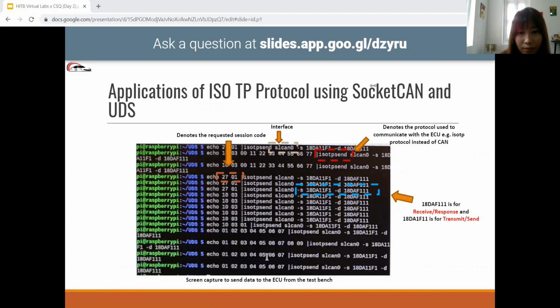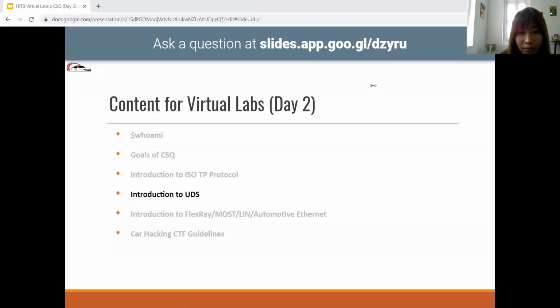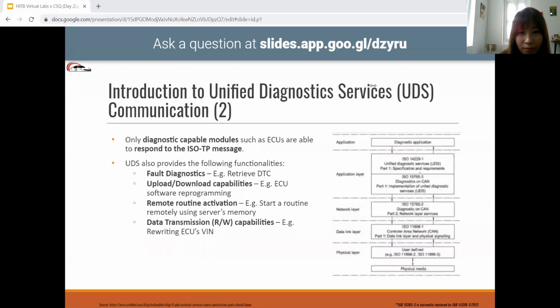Which brings us to the next topic, which is UDS. As mentioned, ISOTP is for diagnostics over CAN, and UDS is a diagnostic service handling diagnostics over OBD2. It sits on the session layer and the application layer of the OSI model.